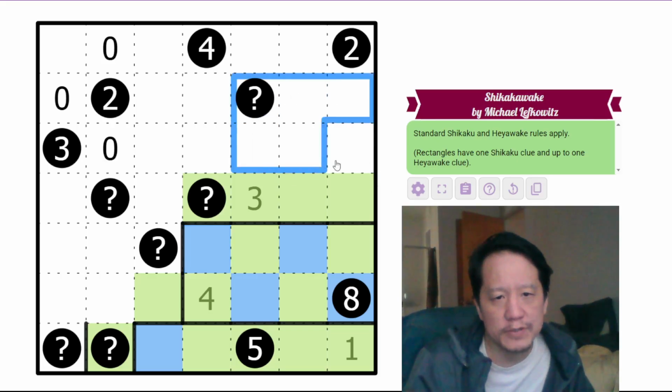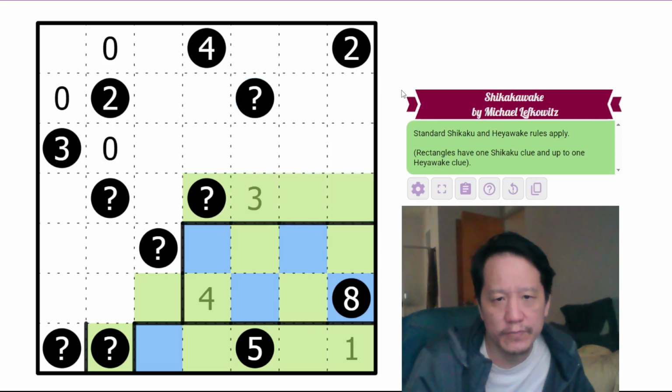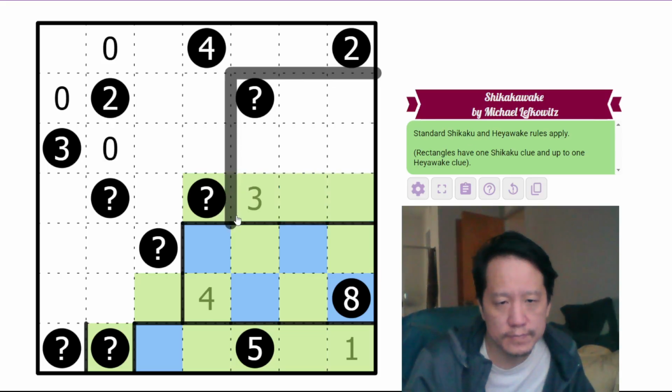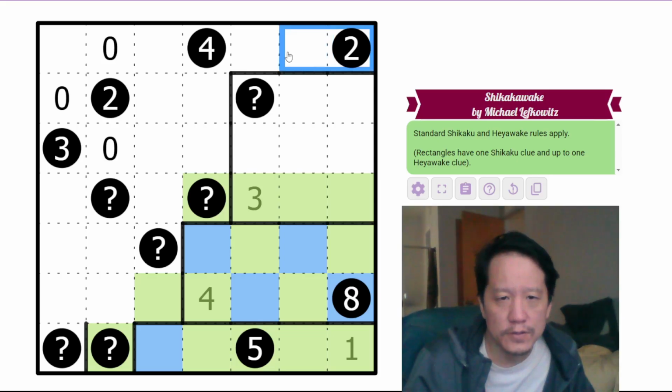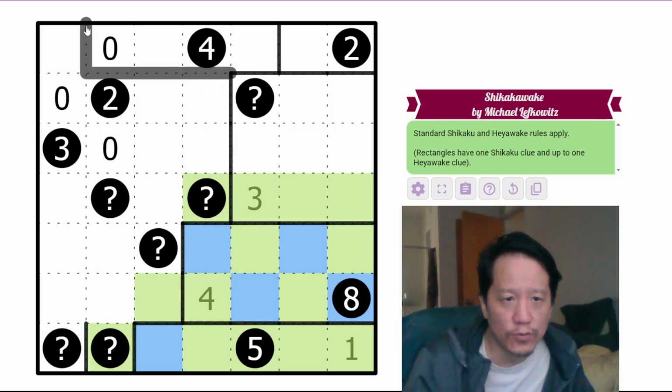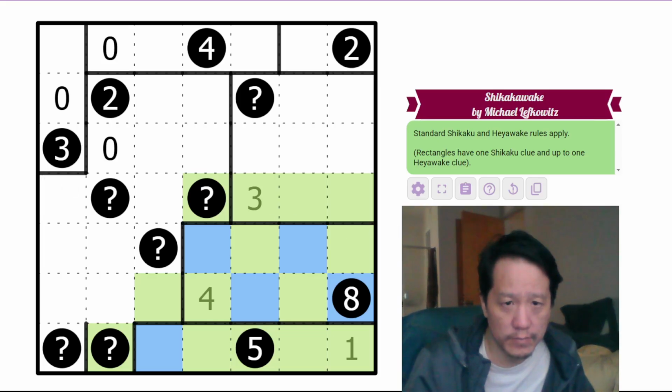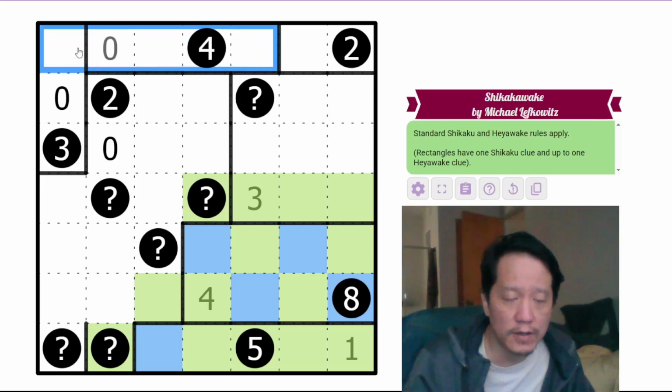Okay, what happens if this is 9? This would be 2. This would be 4. This would be 3. Ah, because this would definitely be part of Shikaku here.